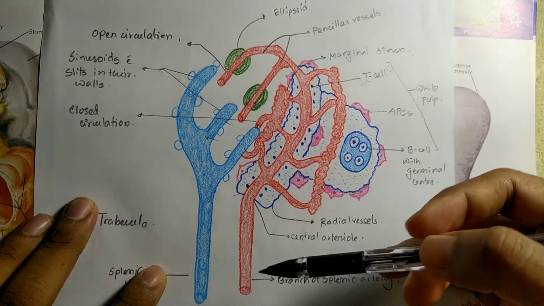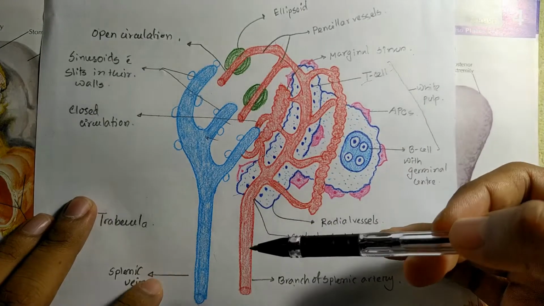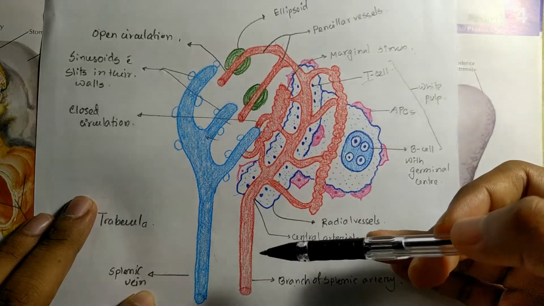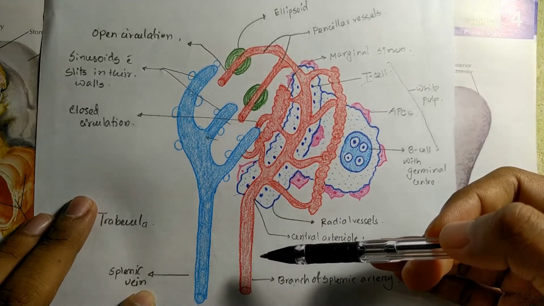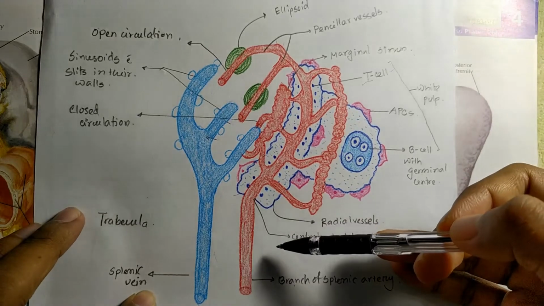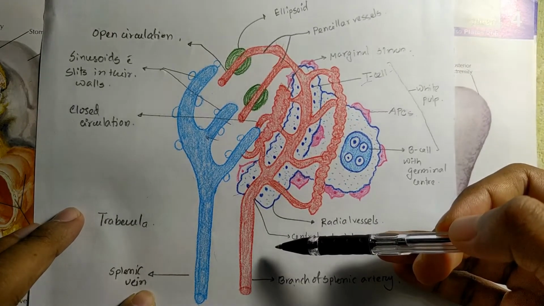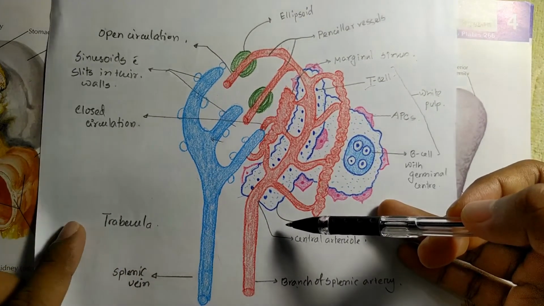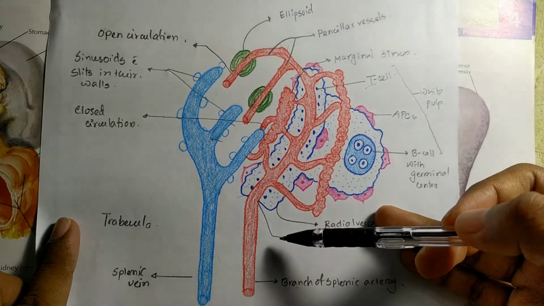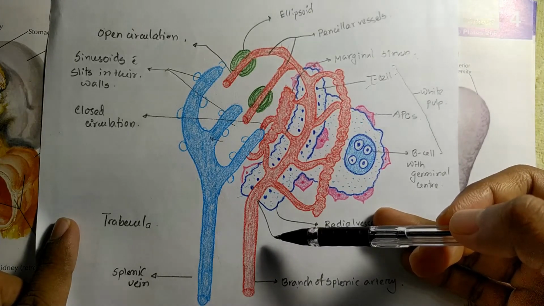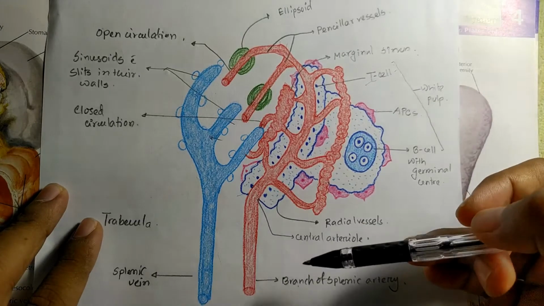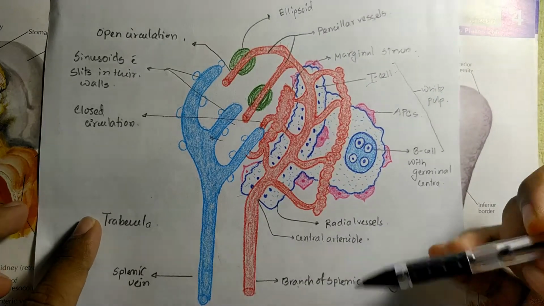That means it can wash out the aged or defective RBC and produce a new one, and it also helps in storing platelets, which are very important for coagulation of blood. If any vascular injury occurs, a traumatized epithelium or other cut injury, the bleeding can be stopped by platelets, because platelets have coagulative features. So the spleen will maintain the count of the platelets.